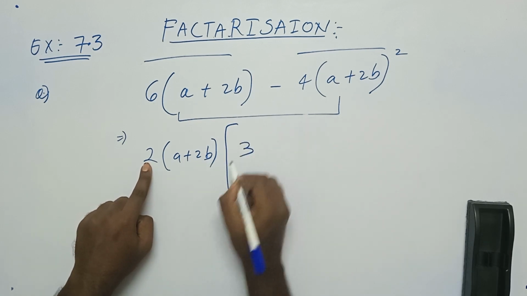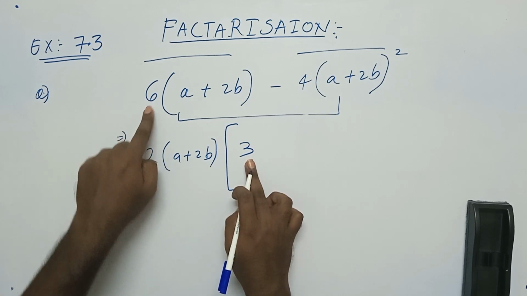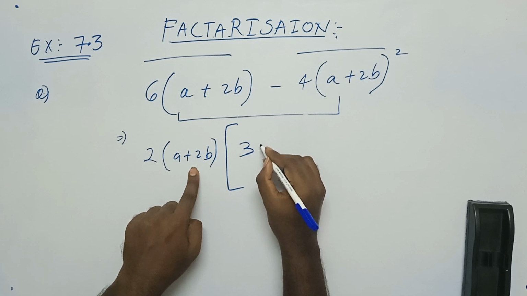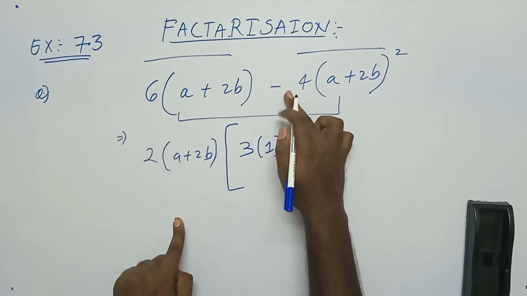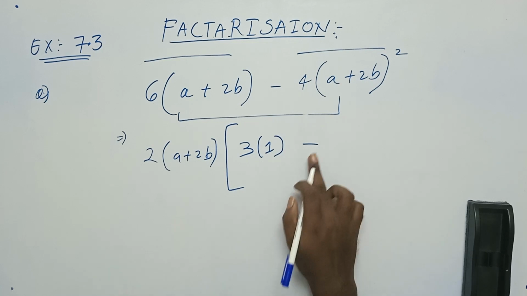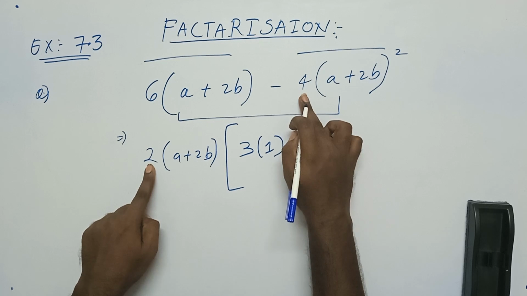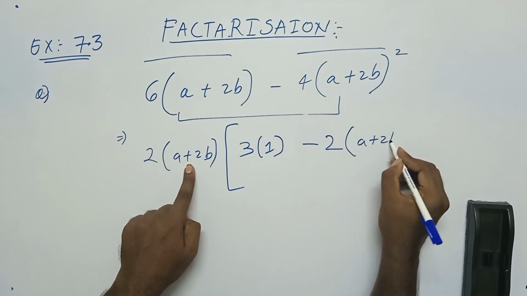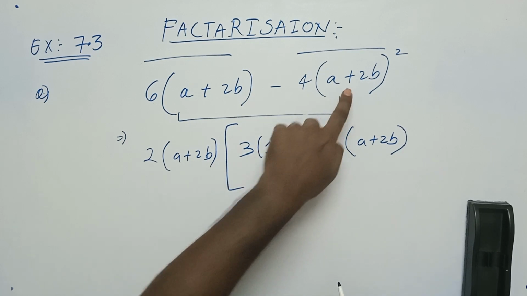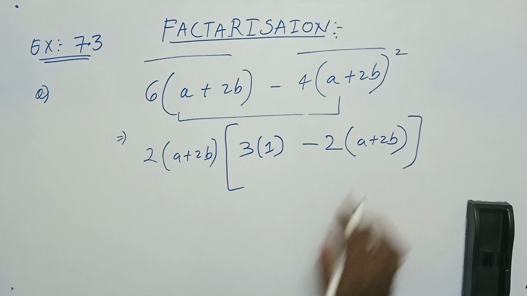2 3s are 6. (a plus 2b) times 1 is (a plus 2b). Then you have a minus sign, keeping the minus sign. 2 2s are 4. (a plus 2b) into (a plus 2b) is (a plus 2b) whole square. So we got this expression.